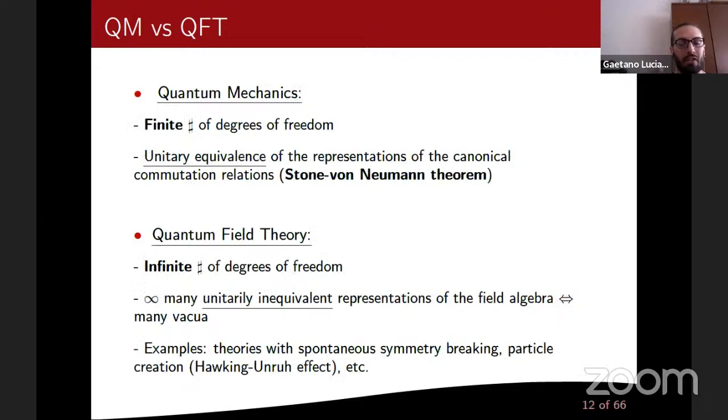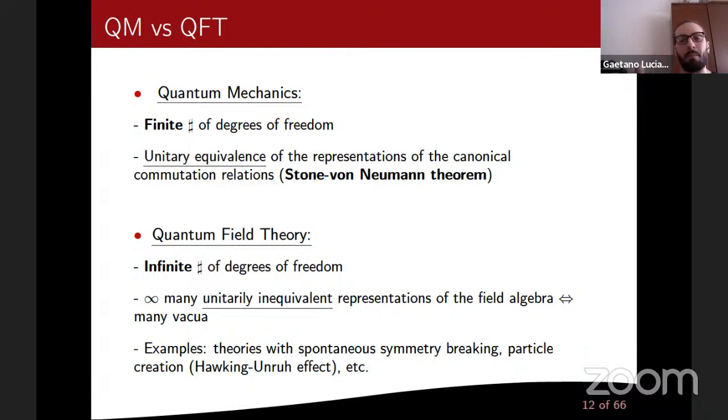Let me just spend a few words on the mathematical details of this inequivalence between flavor and massive Fock spaces. We know that in quantum mechanics there is this very beautiful theorem, the Stone-von Neumann theorem, which guarantees that for systems with a finite number of degrees of freedom, which are quantum mechanical systems, all the representations of the canonical commutation relations are unitarily equivalent.